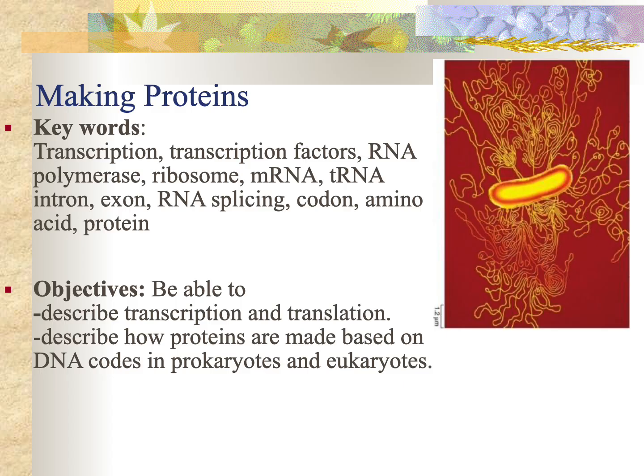And this took a long time, but it was a direct result of trying to understand how inheritance worked and how inherited factors produced physical traits in living organisms and in living cells. And so this really gets us to the process of how organisms made proteins and leads us to DNA.